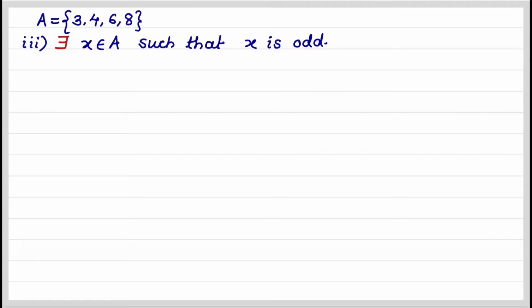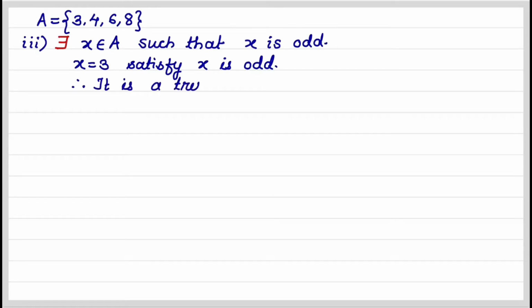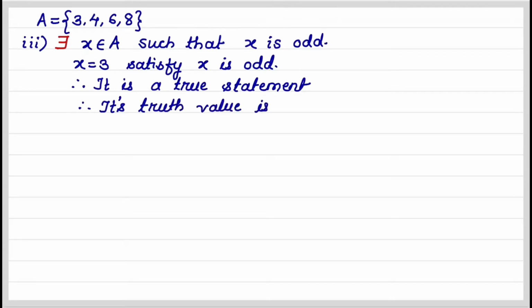Where the there exists quantifier is used, that means we must have at least one x belonging to A satisfying the condition. Here x equal to 3 is the element satisfying this condition, and hence it is a true statement and its truth value is T, capital T.